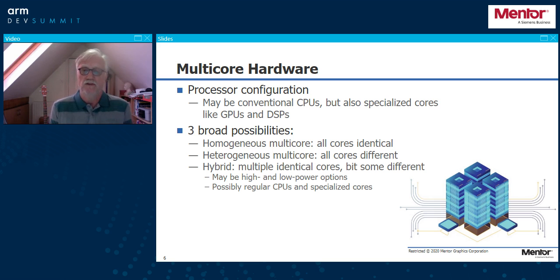A homogeneous multi-core is where we have lots of processors and they're all absolutely identical. This is somewhat typical of the computer sat in front of you. Most desktop computers are homogeneous multi-core devices. The next possibility is heterogeneous multi-core, where the cores are all different. They may be completely different, they might be slightly different. It could be a complete hodgepodge of different types of core.